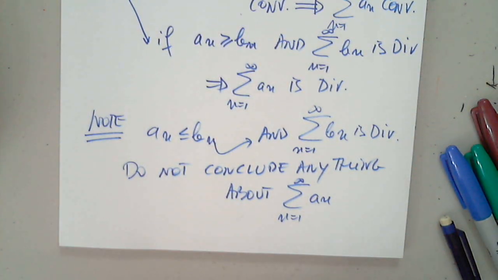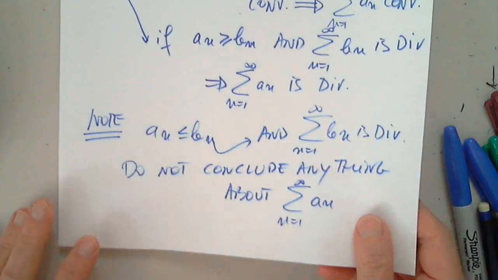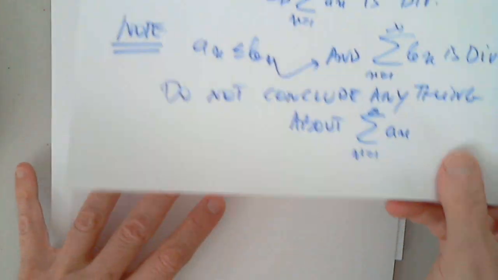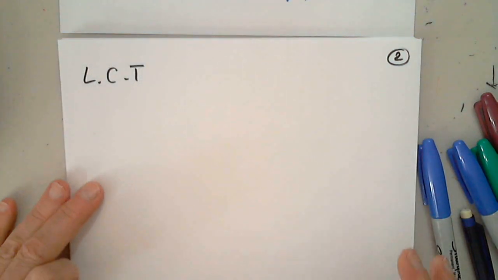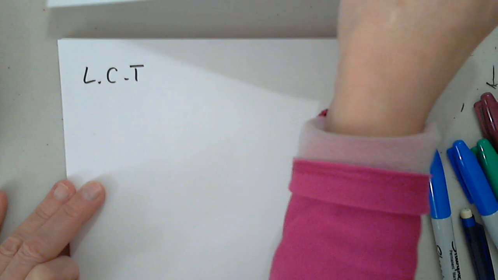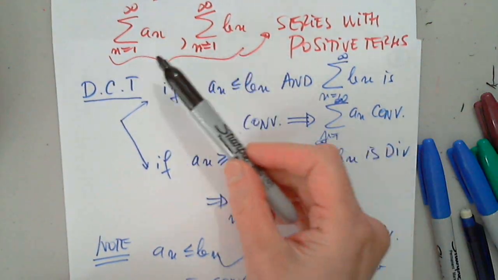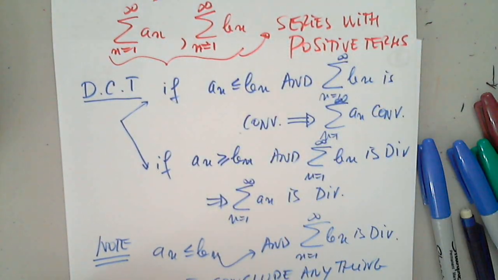So careful on that. Now let's look at the limit comparison test. The limit comparison test says this. Of course, the same conditions: we have two series and they have positive terms.